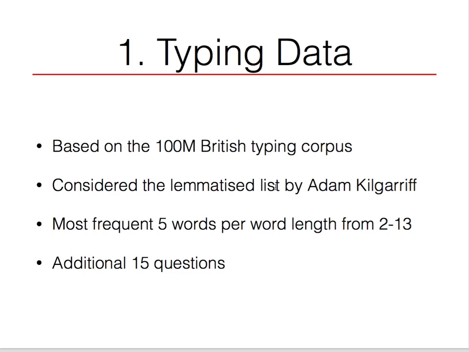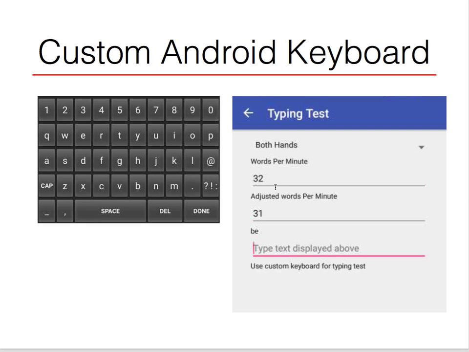We also added 15 questions to ask users to type, thus recalling from memory rather than copying. So we developed a custom keyboard which allowed us to gather the touch information, and a small app where after a simple typing test, a user would input the words per minute and type the words that we've selected.